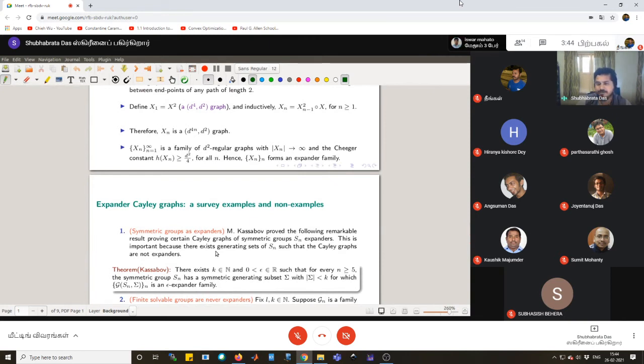of such a situation. And this is an expander family of symmetric groups, which Martin Kassabov proved. His techniques are quite difficult, I would say, and combinatorial, and he also uses a lot of algebra from the classification of finite simple groups and such things.